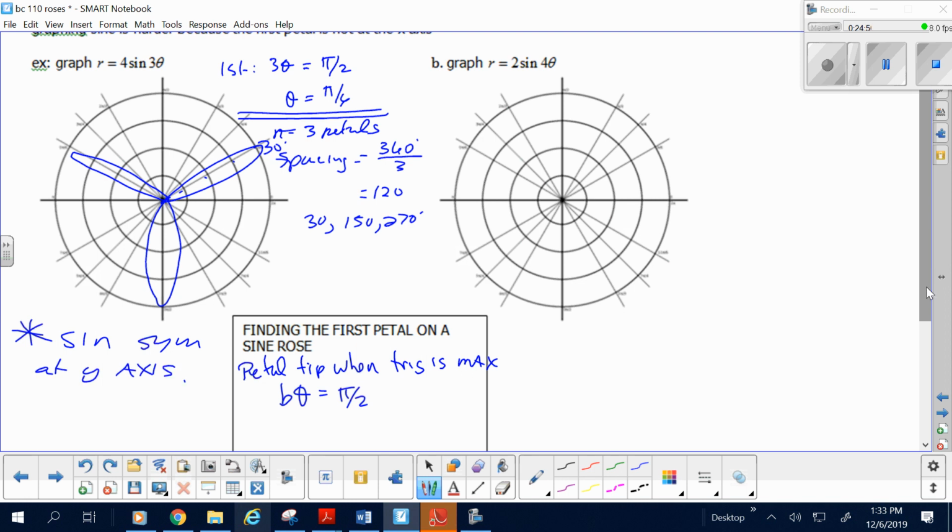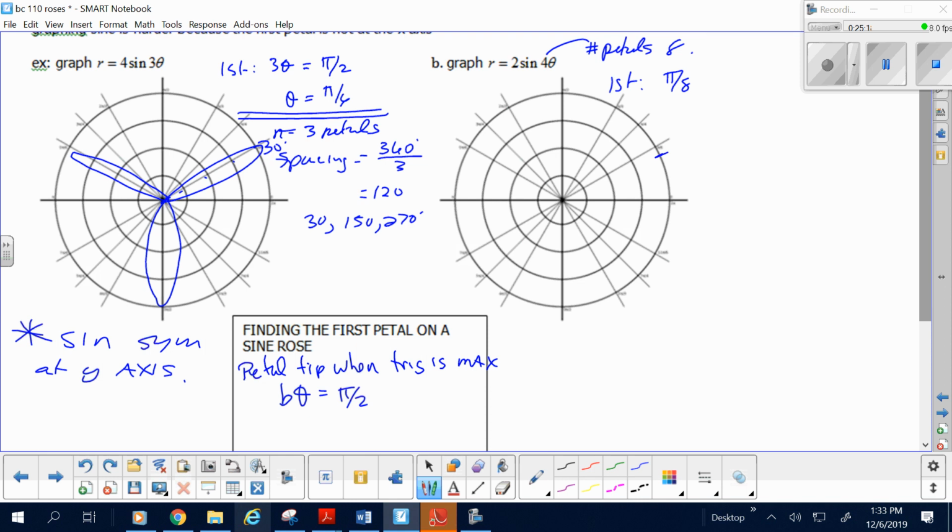But be careful, because there's a lot of ways to get that symmetry. You know here that this is how many petals? 8 petals, yeah? Let's find the first. Would you find the first petal for me? Where is it? Either in degrees or radians, whatever. Pi over 8, okay?